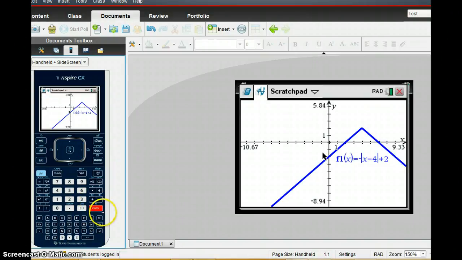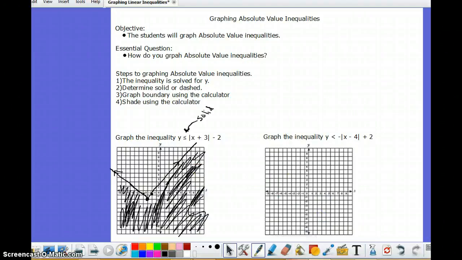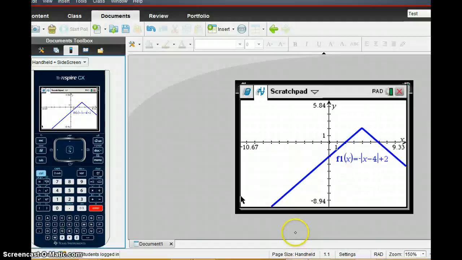Alright, so now we're going upside down from what we had before, and our vertex is over here. So if you look at it, you probably could count it. 1, 2, 3, 4. Looks like 4, 2. So we can check that out. So if we come back over here, right, to check that out, oh sorry, right here still, huh?